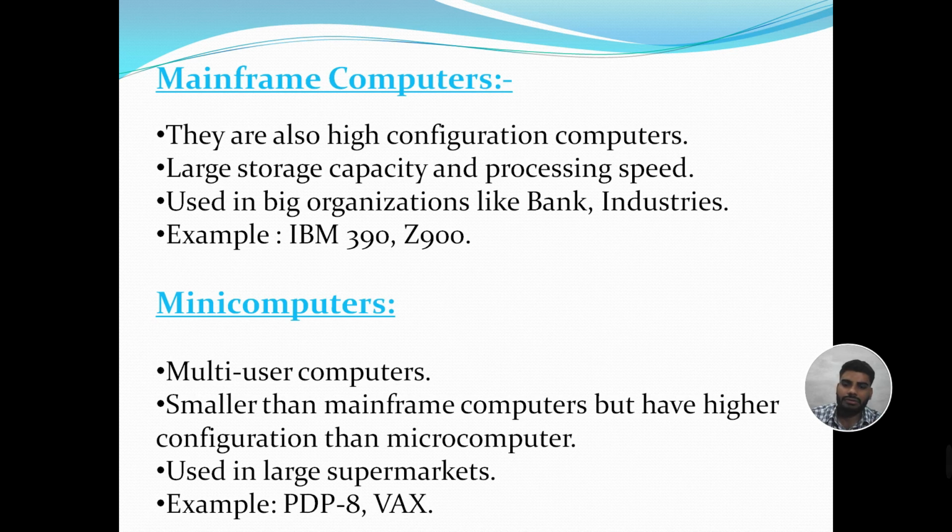They are used in big organizations like banks, industries, and insurance companies. Examples of mainframe computers are IBM 390 and Z900.